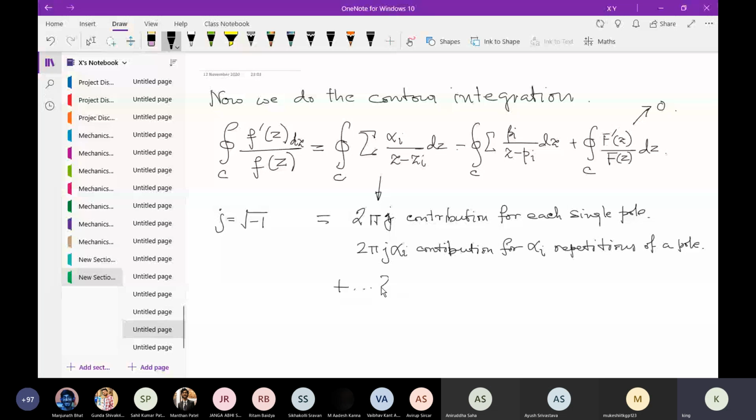And similarly we will have... sorry, it's better to call this a 0 to avoid confusion for now.